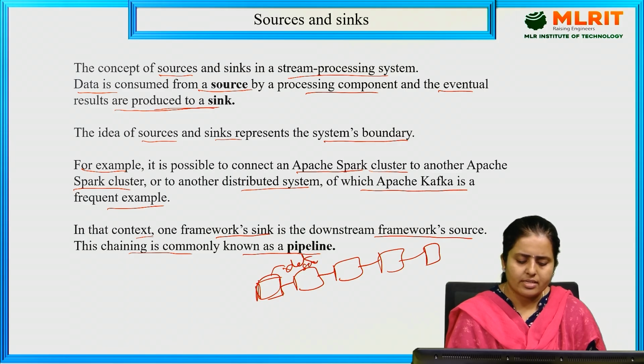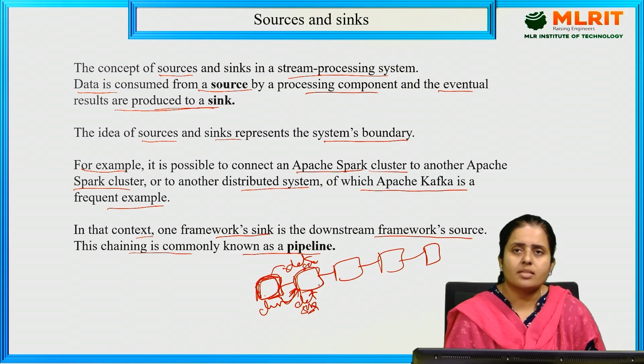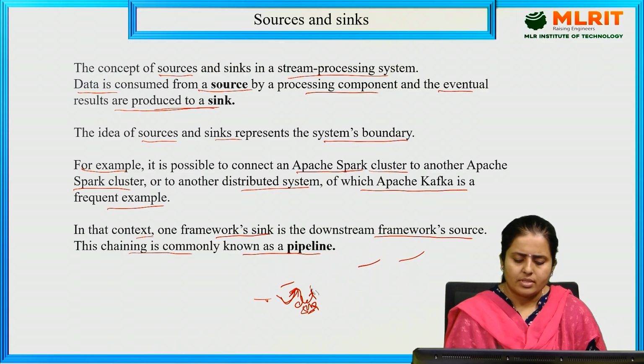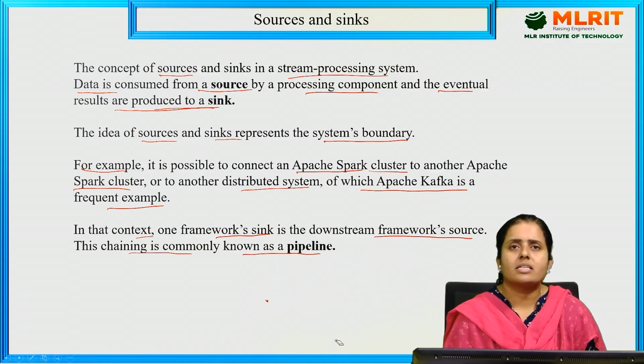The output of the first system or cluster goes to another system as a data source, which means that one system's output is another system's input. It follows the same manner for all the systems if they are connected in a continuous cluster model. This flow we call a pipeline.